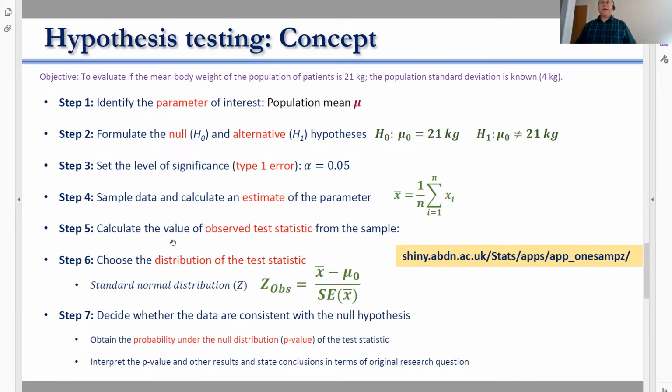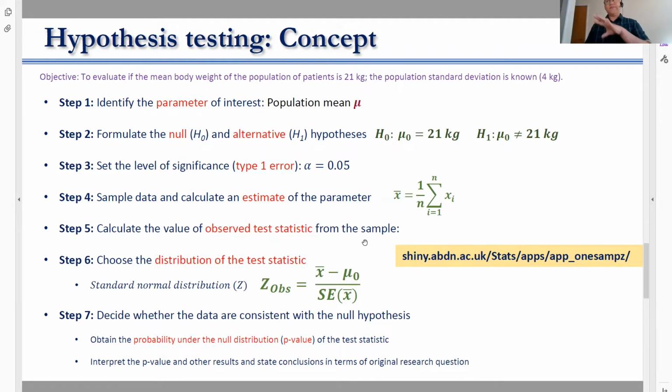And then step 5 is an important one: we have to get the observed test statistic. Now, what is that test statistic? Statisticians have already gone through lots of simulations and mathematical calculations to identify, for each experimental design scenario or experimental condition, what the test statistic will be.